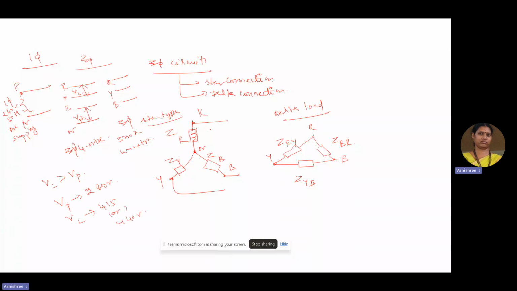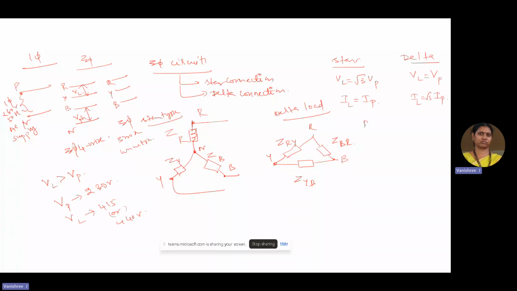So coming to the relationship of star and delta, in star connection, line voltage will be √3 times phase voltage, and line current is equal to phase current. Whereas in case of the delta connection, line voltage is equal to phase voltage, and line current is equal to √3 times phase current.